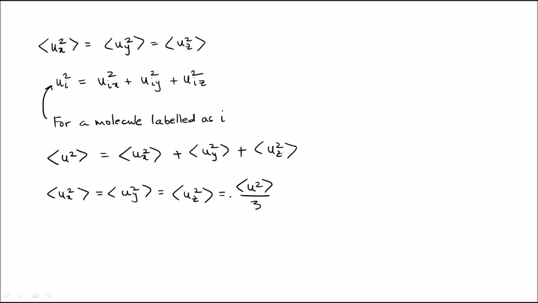If we substitute this, instead of average ux squared in equation 1, we get PV is equal to 1/3 n m average of u squared.